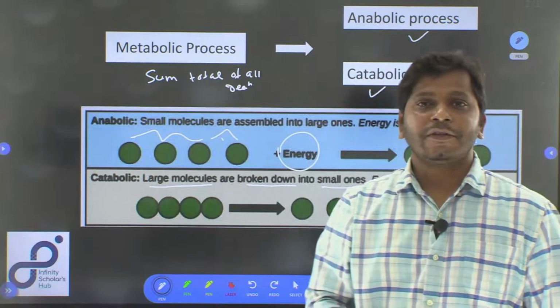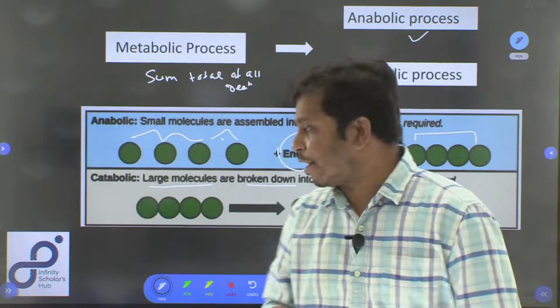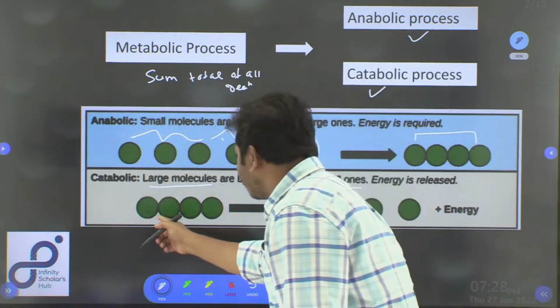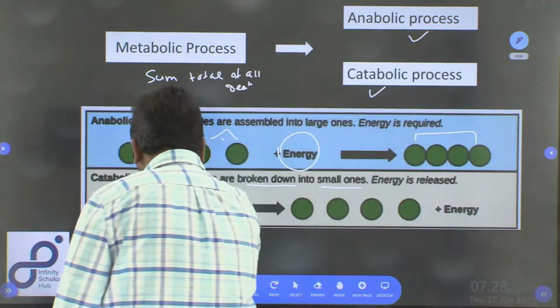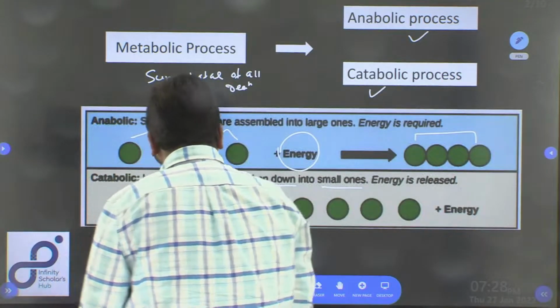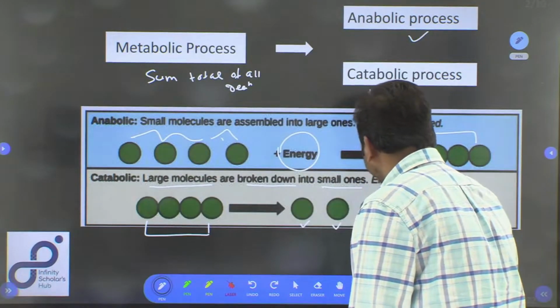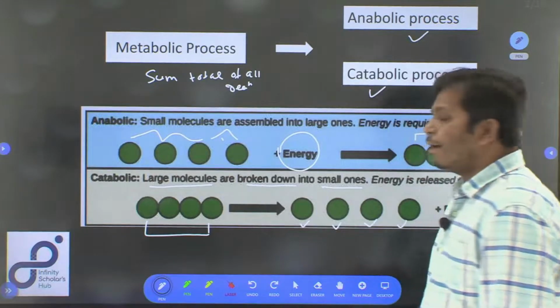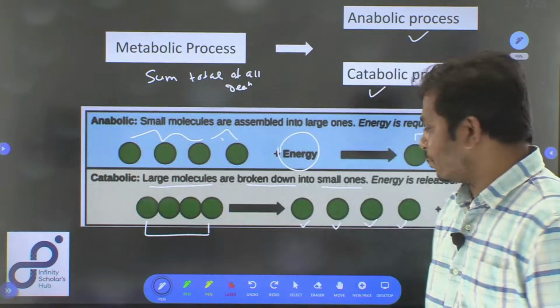That is one of the most important features of catabolic reactions. If you visualize the representation here, this is a larger molecule, and the larger molecule is fragmented into smaller sections. Such reactions are called catabolic reactions.